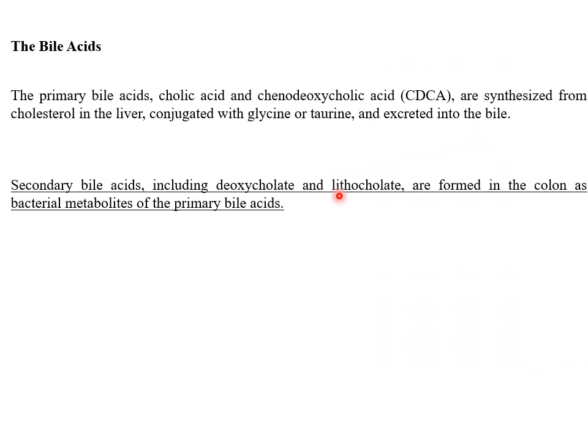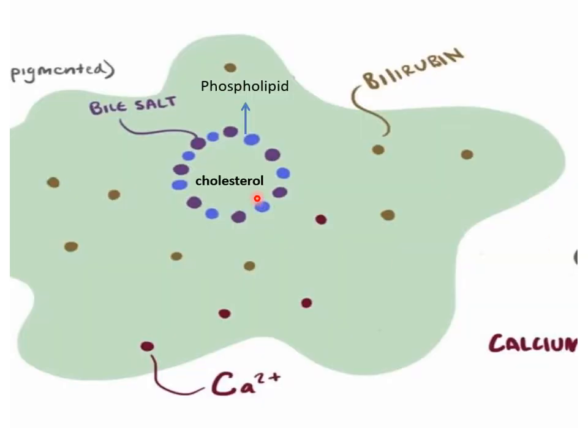They are primary bile acids, cholic acid and chenodeoxycholic acid. Secondary acids develop in the colon and they do have a role in physiology. So as I told you, cholesterol is central. Around that there is a lipid layer, which is your bile salts and your phospholipids. And then you have these outliers.